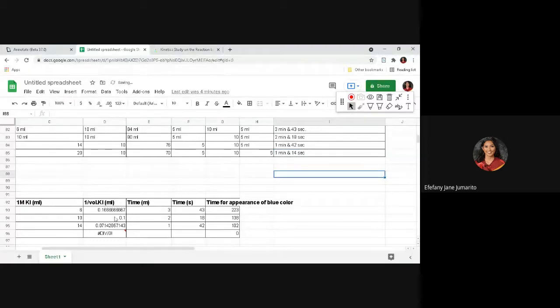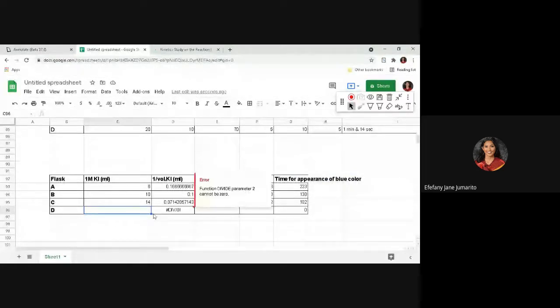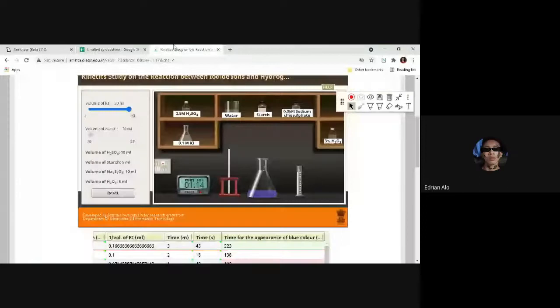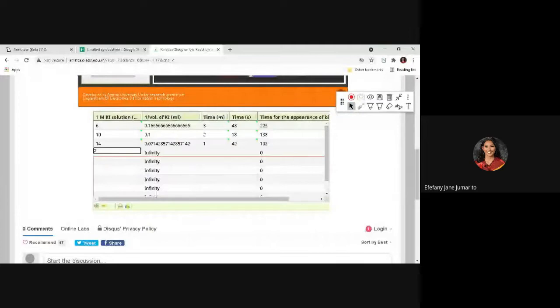Okay, after that, for our flask D, we have KI 20 ml, and that time 1 minute and 14 seconds. Let's write in the table here. We have 20, 1 minute and 18.